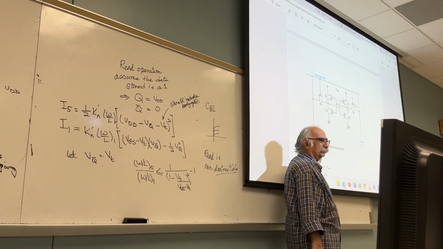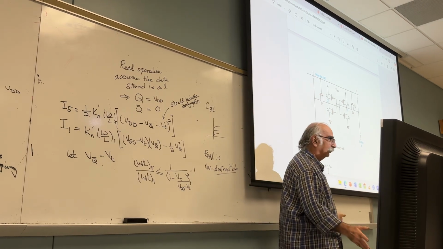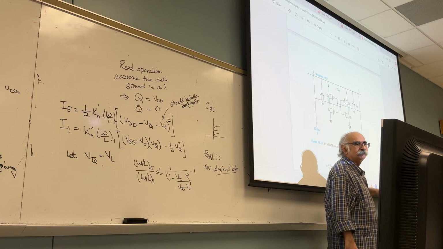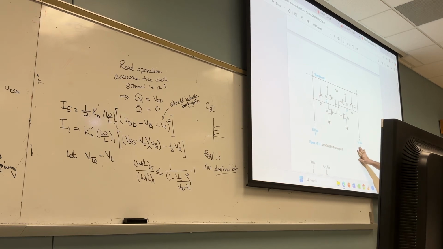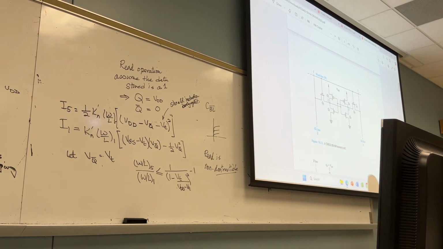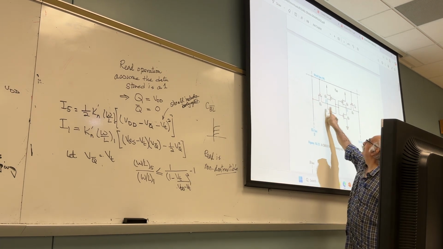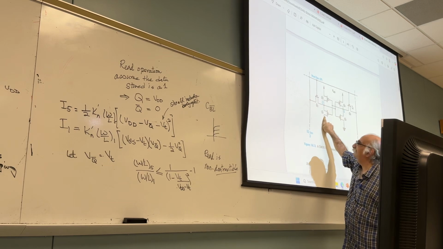What did I pre-charge this one to? Also VDD. Is this one going to change? No. Why? There's no current here. This one is not going to change. How about this one? Is it going to change, up or down? Down. Why? Because some of the charge will transfer from this capacitor to this capacitor.